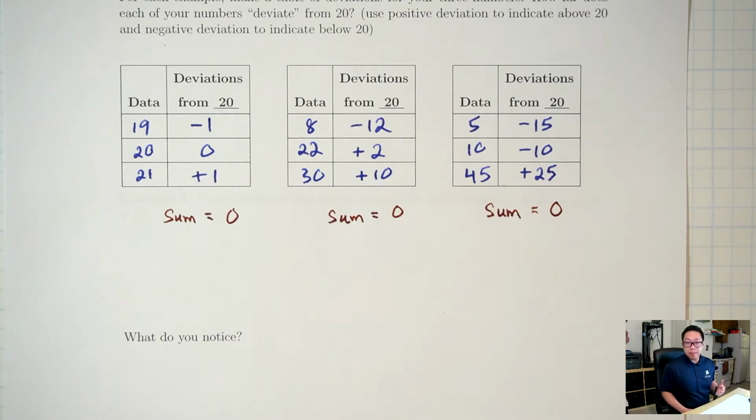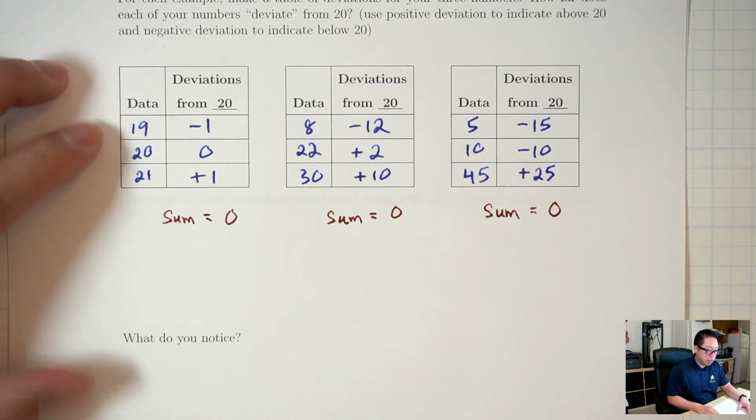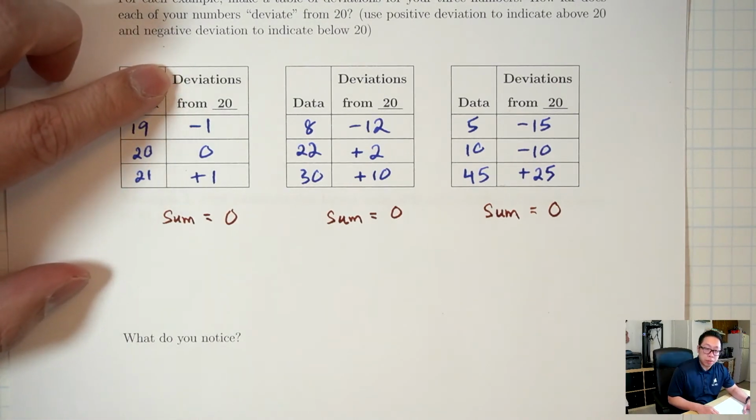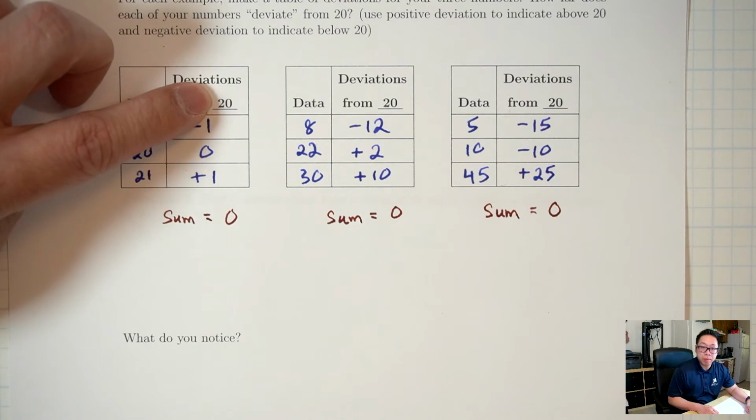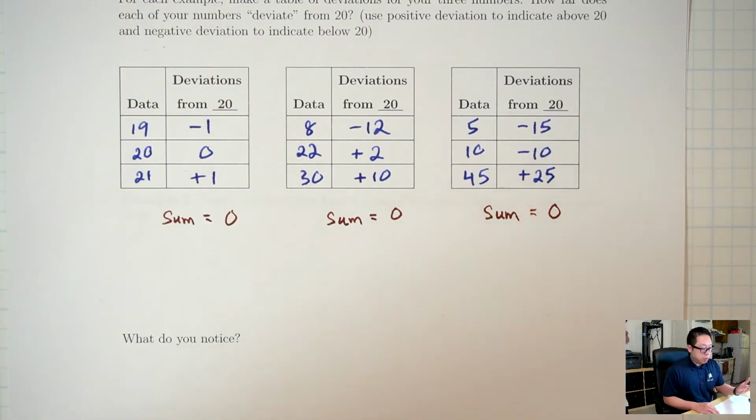So this is a fact. Anytime you take a set of numbers and look at the deviations from the mean, so the distances from the mean, the deviations will always add up to 0.